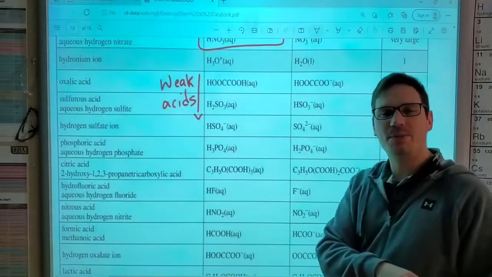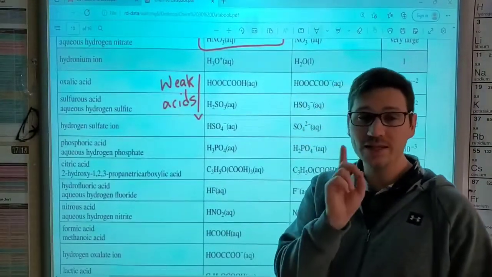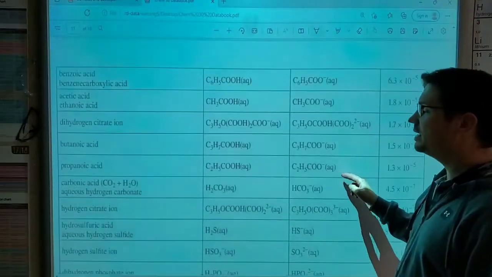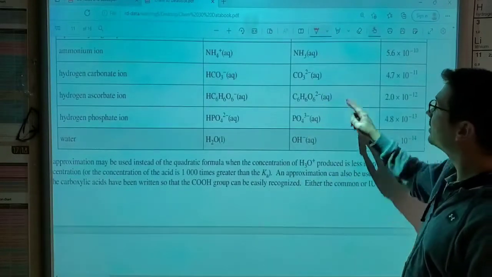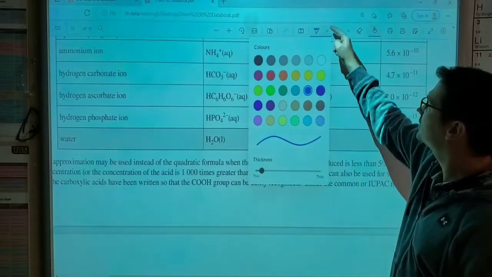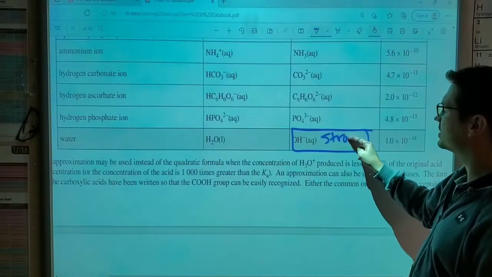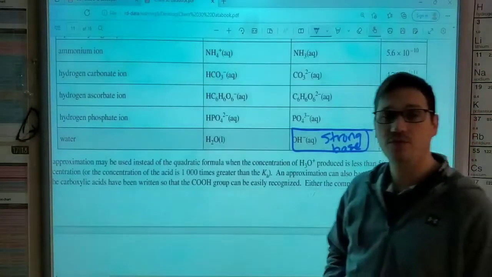It's kind of the opposite situation for bases, though. The only strong base that you know of right now is way down at the bottom. It is hydroxide. Anything with hydroxide in it is the only strong base that you know of so far.